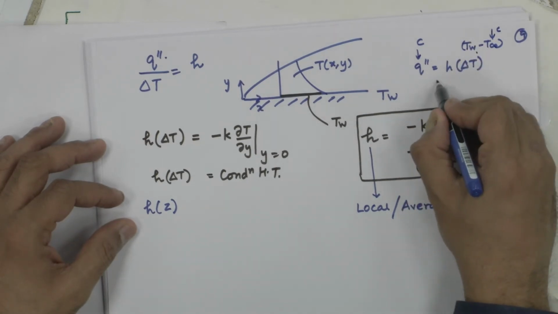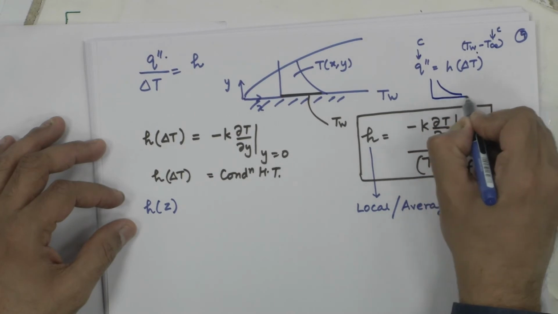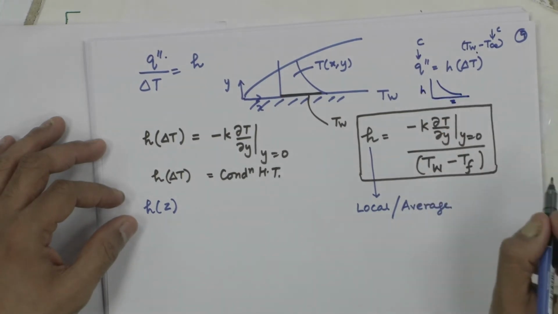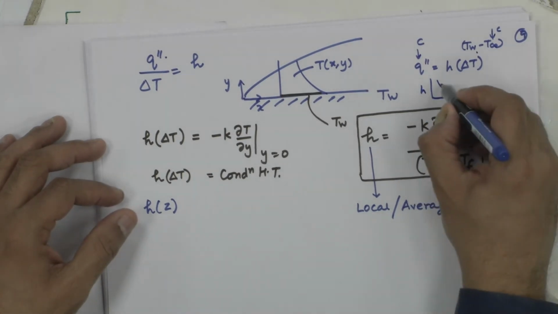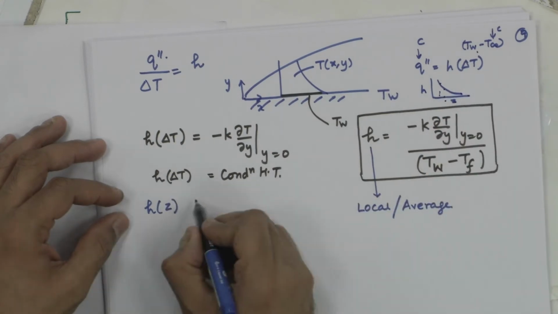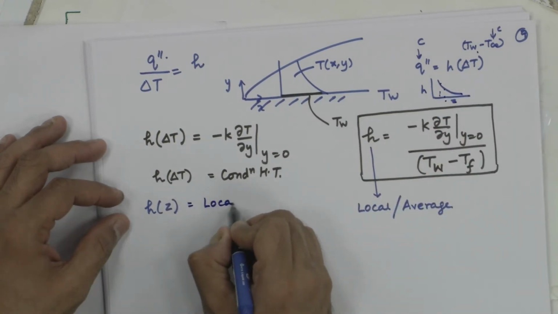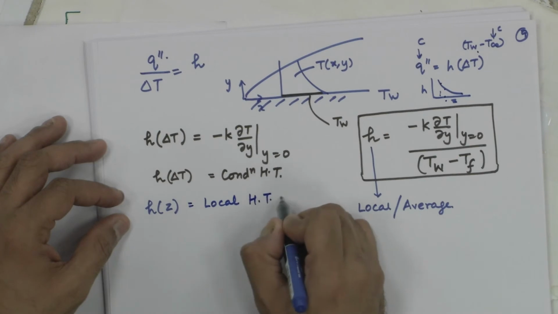So, H is going to drop like this in flow over a flat plate. This value at every location is local. Local means at every location.